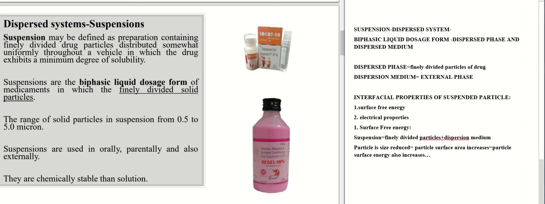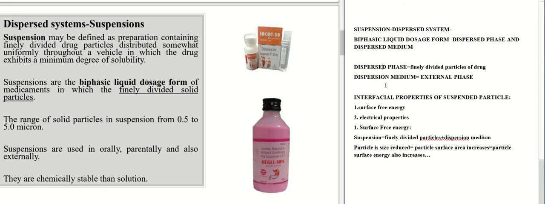Now, suspension is a biphasic liquid dosage form having both dispersed phase and dispersion medium. This dispersed phase includes finely divided particles of the drug, and the dispersion medium is the external phase.